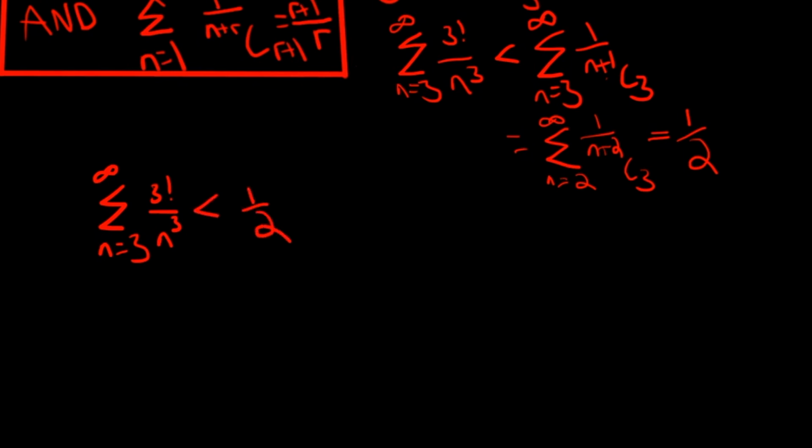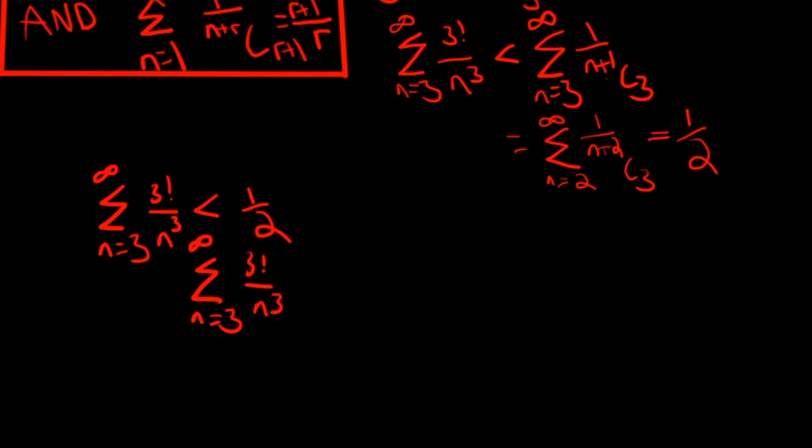But we want the sum from n equals 1 to infinity. So the way that we can do that is by adding the first terms of the sum from n equals 1 to infinity of 3 factorial over n cubed to both sides of the inequality. So that'll give us the sum from n equals 3 to infinity 3 factorial over n cubed.